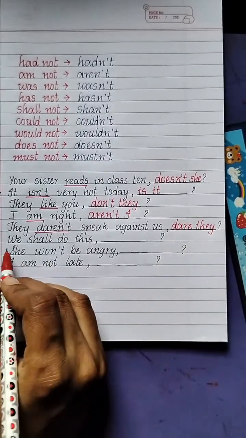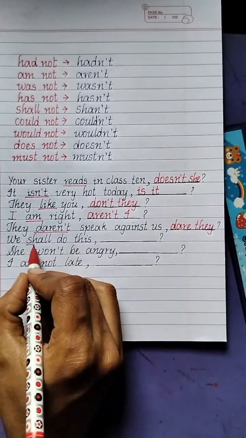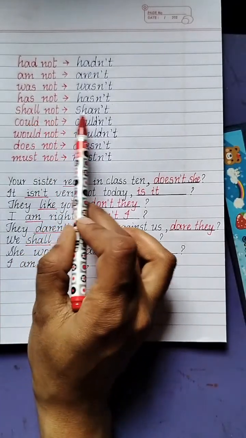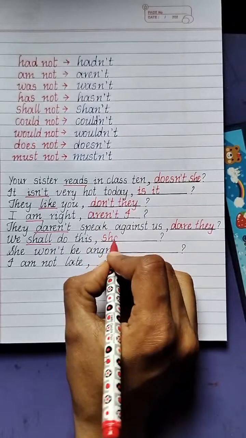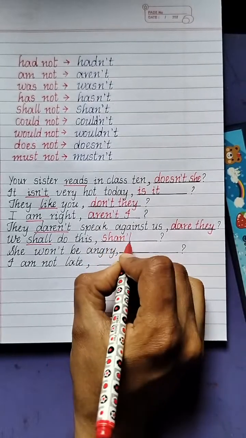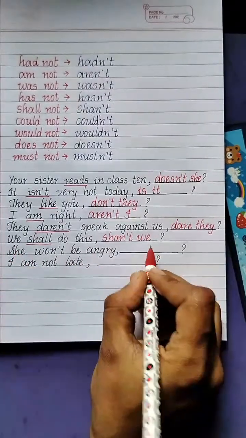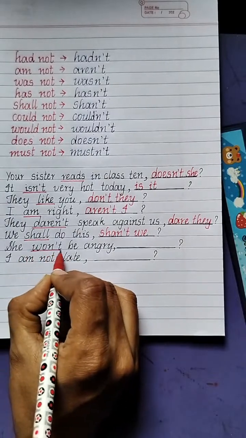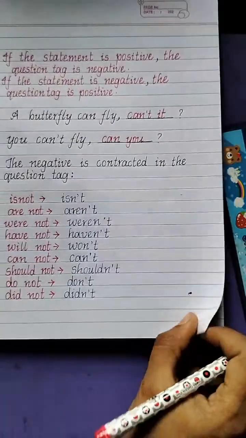Now number 6, we shall do this. The negative form of shall not is shan't, S H A N apostrophe T, and you can see here the pronoun we. Similarly, she won't, and what is the negative form of will?